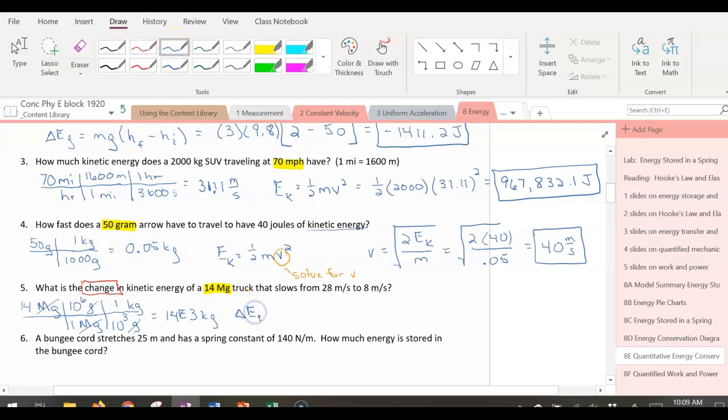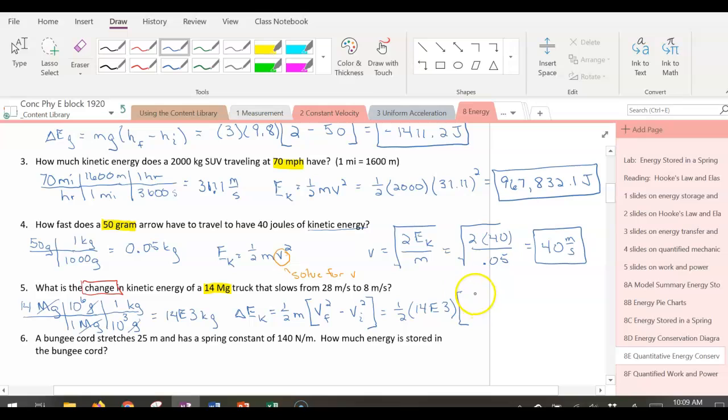The change in kinetic energy is half of the mass times the final velocity squared minus the initial velocity squared. And so that's going to be half of that 14,000 kilograms.